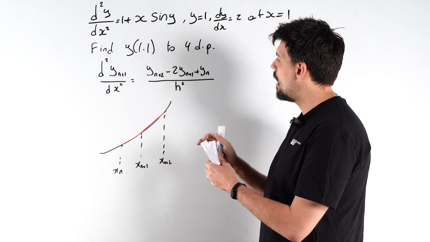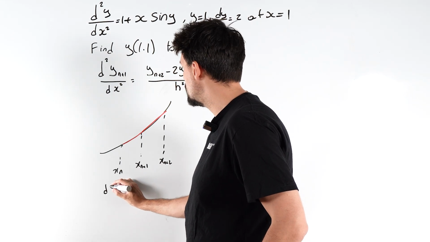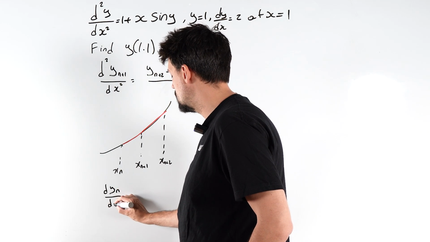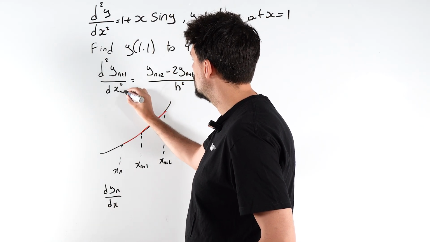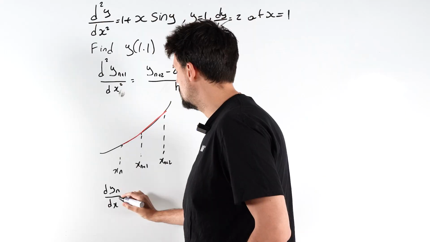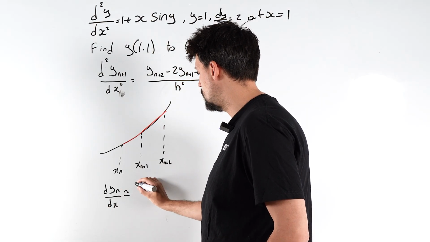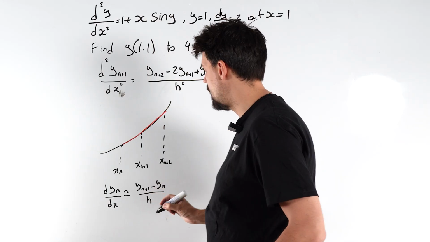Now I'll remind you that our first order Euler approximation is dy/dx is approximately equal to yn plus 1 minus yn over h.